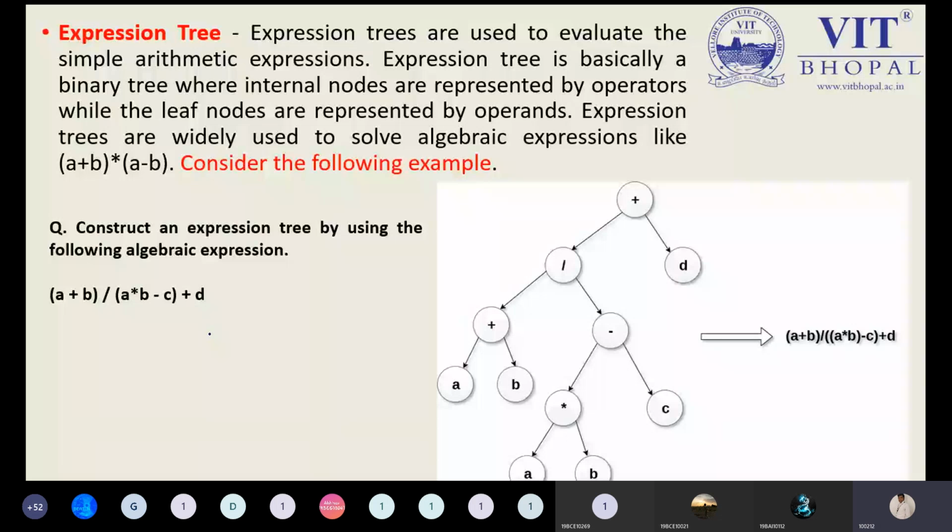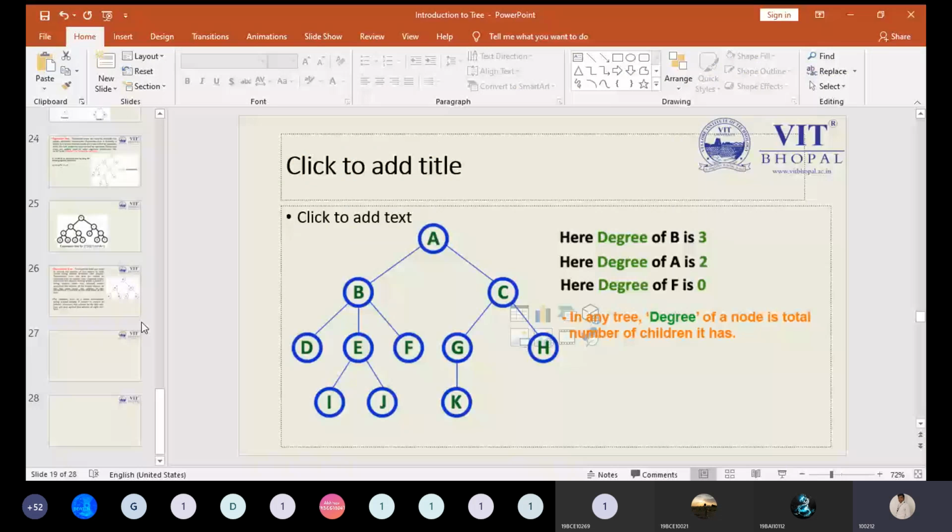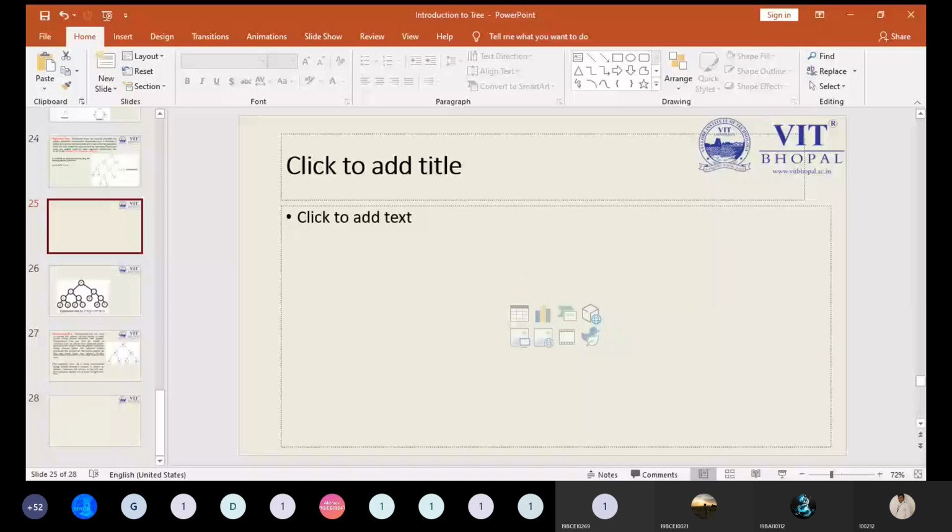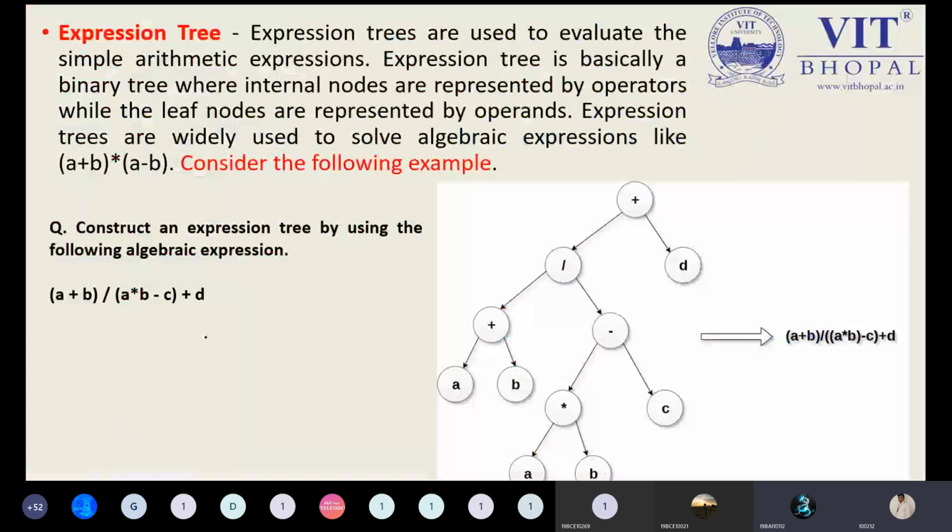So can anyone solve this question? Can anyone solve this question, or should I solve it? Can you convert this expression to this tree?